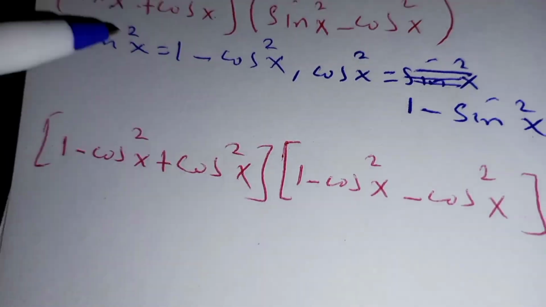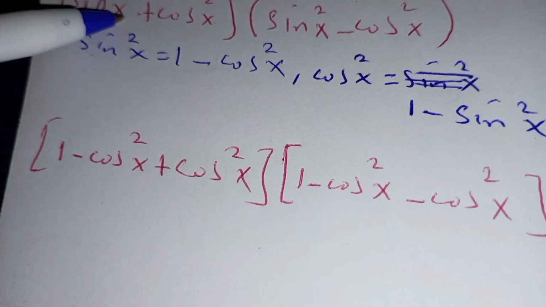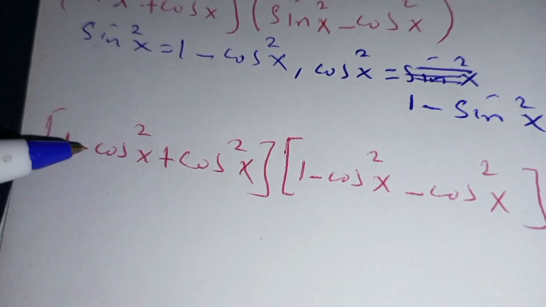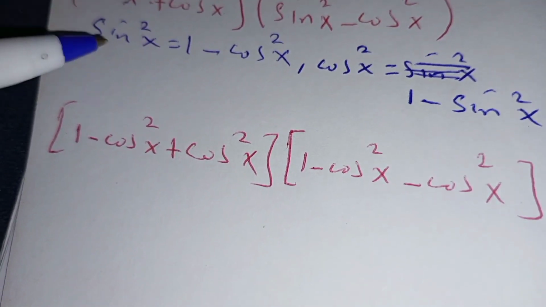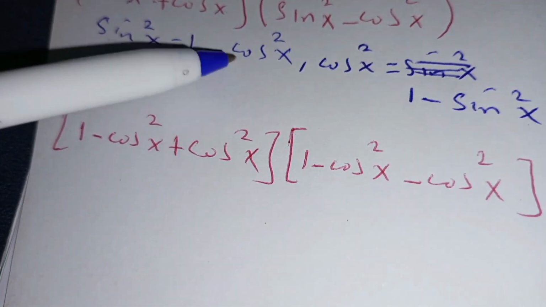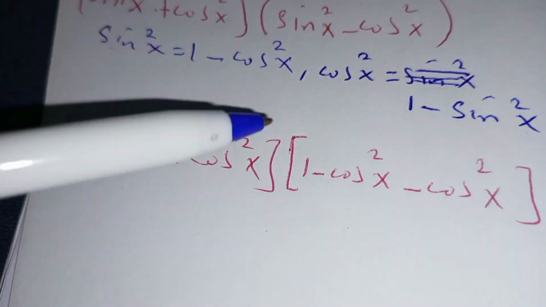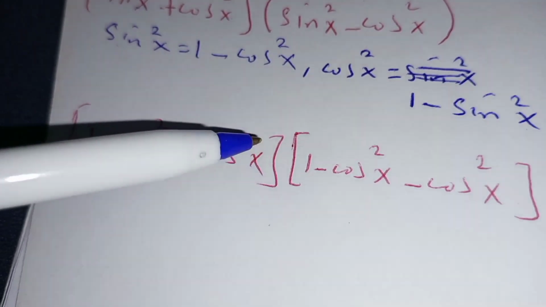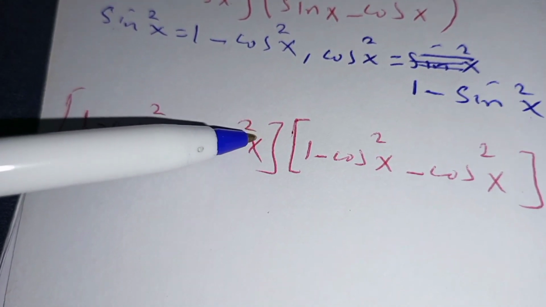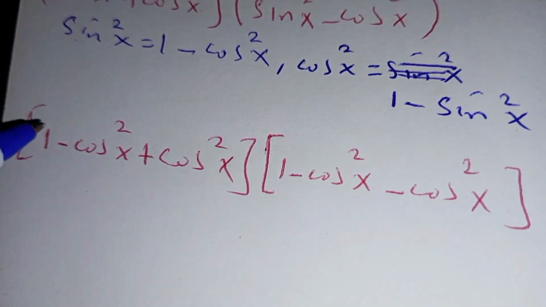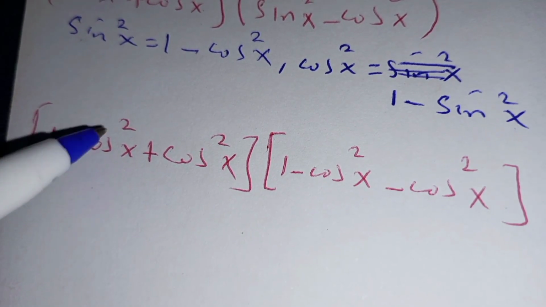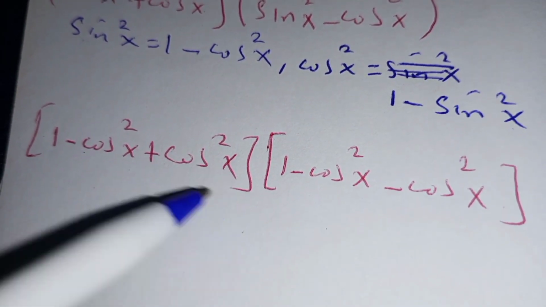So substituting sine squared x with 1 minus cos squared x, we are going to have this. And here also we substitute sine squared x with 1 minus cos squared x, so that now we have a single identity. Remember, everything here is equal to 0. So you can clearly see here that minus cos squared x plus cos squared x cancel out and we are left with the 1.